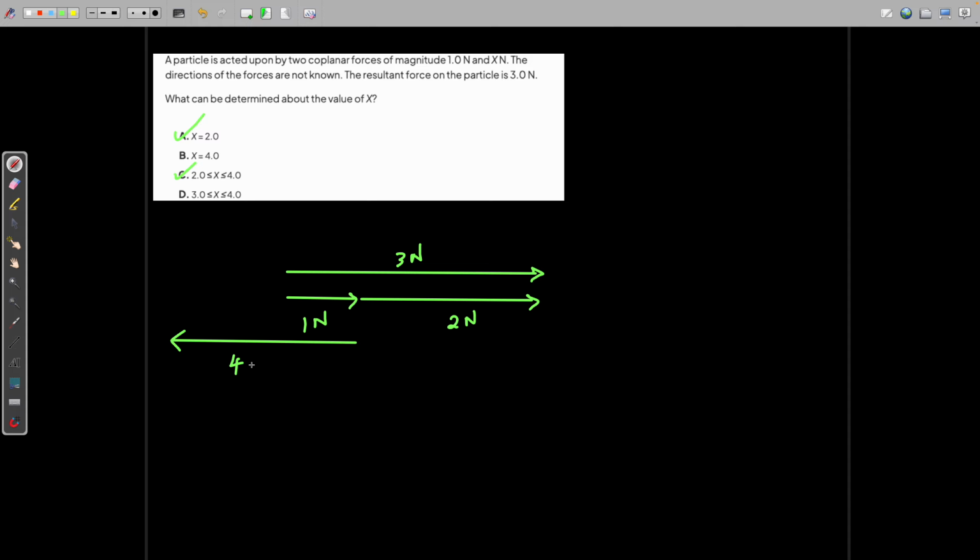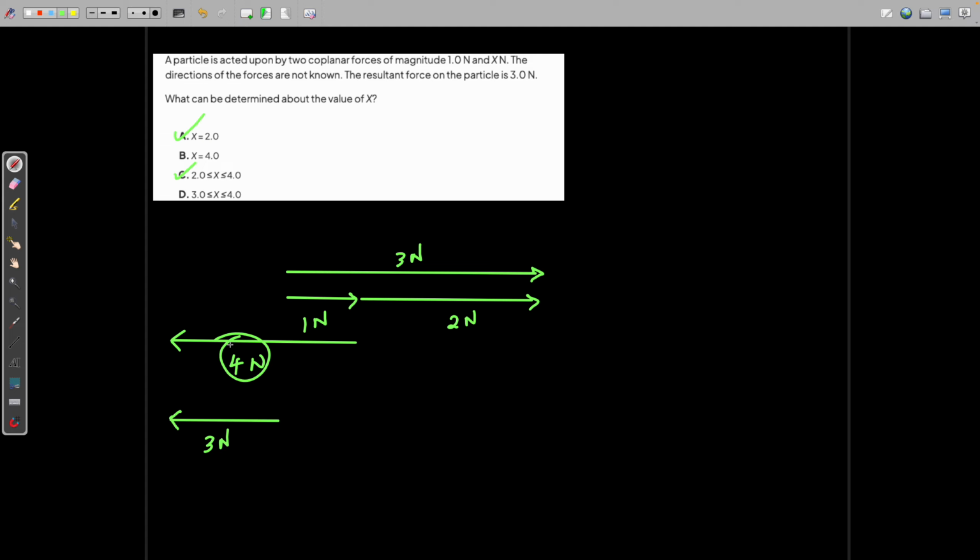So 4 newtons, pointing in that direction. When you add the 1 newton to the right plus the 4 newtons to the left, you end up with a vector of 3 newtons in this direction. So adding them together, 3 newtons. And that's the value of x being 4.